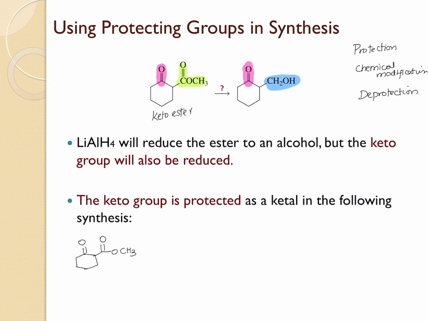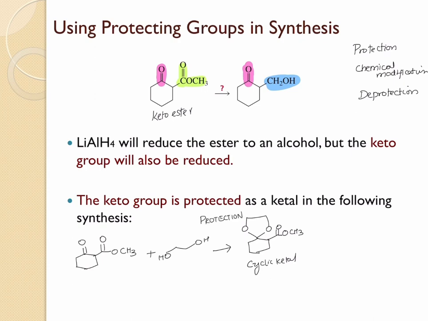So here in this case we are going to use 1,2-diol. And this is going to form a 5-membered cyclic acetal or cyclic ketal. You're going to get a 5-membered cyclic ketal, and this step right here is the actual protection.